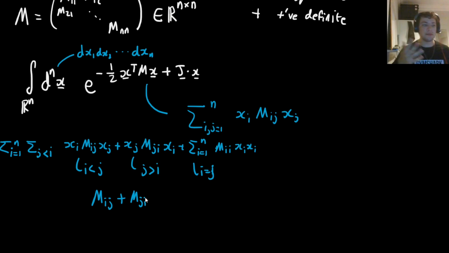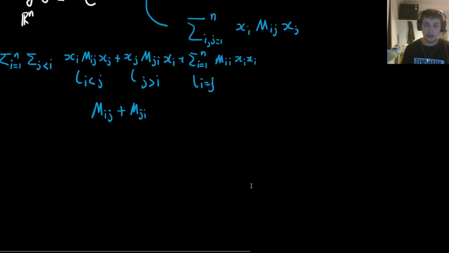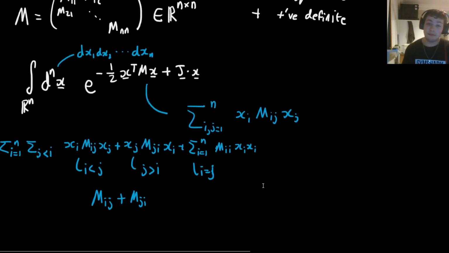So any anti-symmetric part of M is going to drop out of that sum, because this term is going to be minus this term. It's going to vanish. So we can say that M is symmetric. Positive definiteness we'll get to in a second.